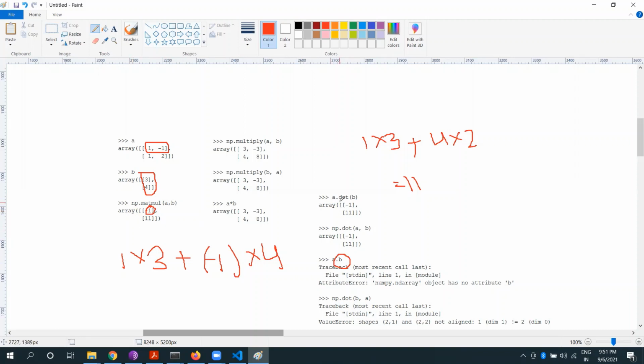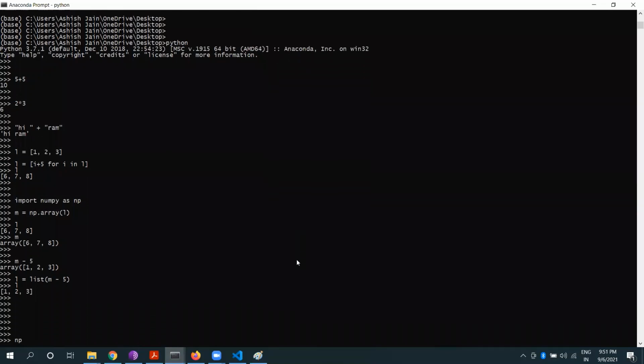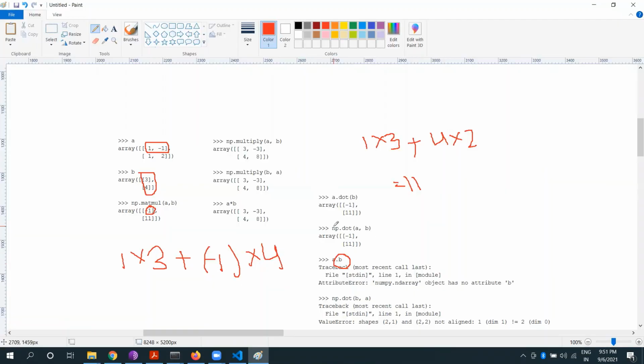But your doubt is how a two-dimensional array is multiplied with a one-dimensional array and we call it a dot product. Shall we try matmul and dot product in this console? No, I got the answer. It is simply the same as the matrix multiplication, -1 and 11. Okay, the result is the same, matmul and dot.